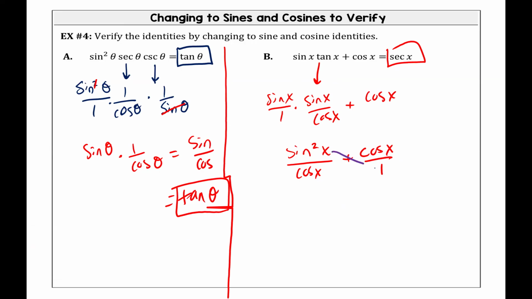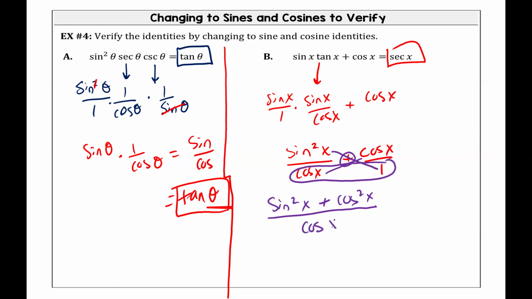So chopstick 1, sine squared x times 1 is sine squared x. Plus cross multiply, and we get cosine x times cosine x, which is cosine squared x, and then your bowl, cosine x times 1 is cosine x.